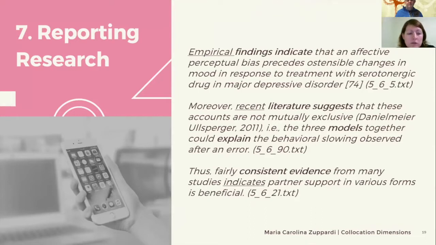So all of this, whatever research was being conducted, the collocations in dimension 5 were used to describe the carrying out of the research. Here, the collocations are being used to report whatever that research was, what the results of those studies were. So I thought that was pretty interesting.